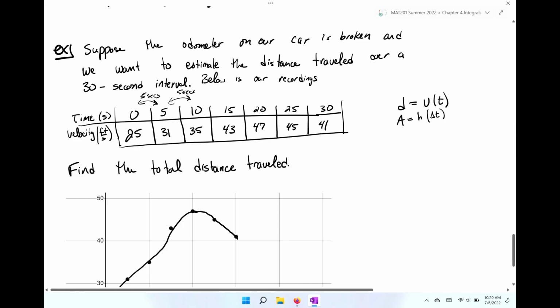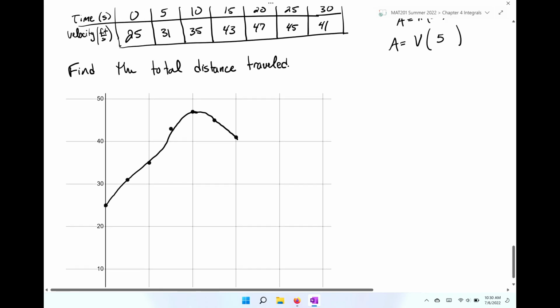So the area is nothing more than the velocity multiplied by delta t, which is going to be 5. So all we have to do here is take each one of our velocity readings, multiply it by 5, and then add them all up.